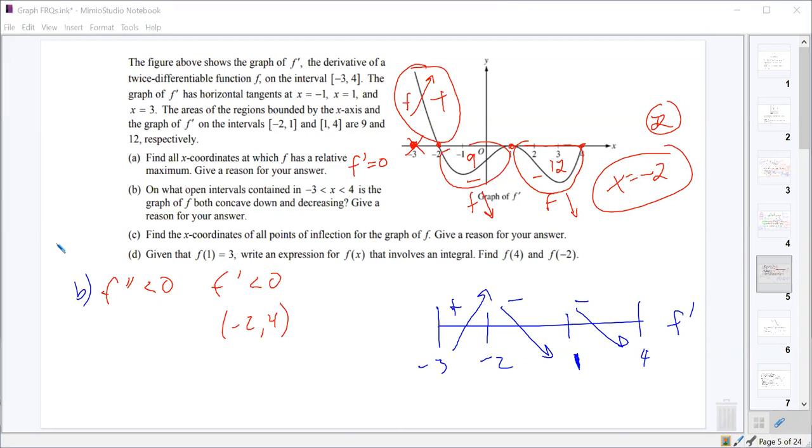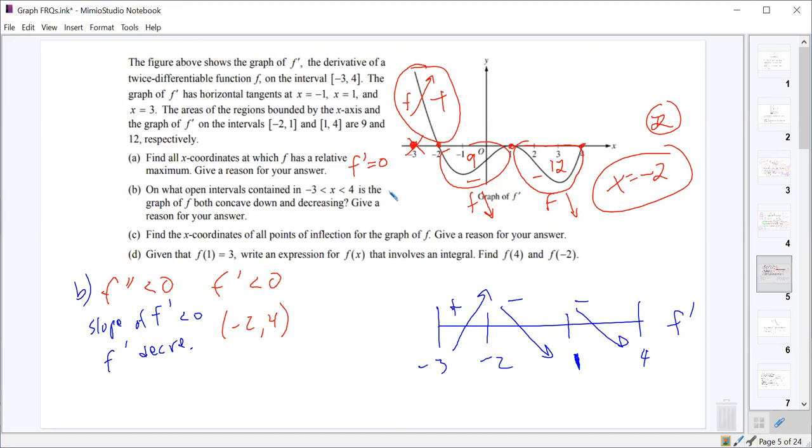And then f double prime is less than 0 whenever the slope of f prime is negative. If the slope of f prime is less than 0, that should tell us that f prime is decreasing. So where is f prime decreasing?